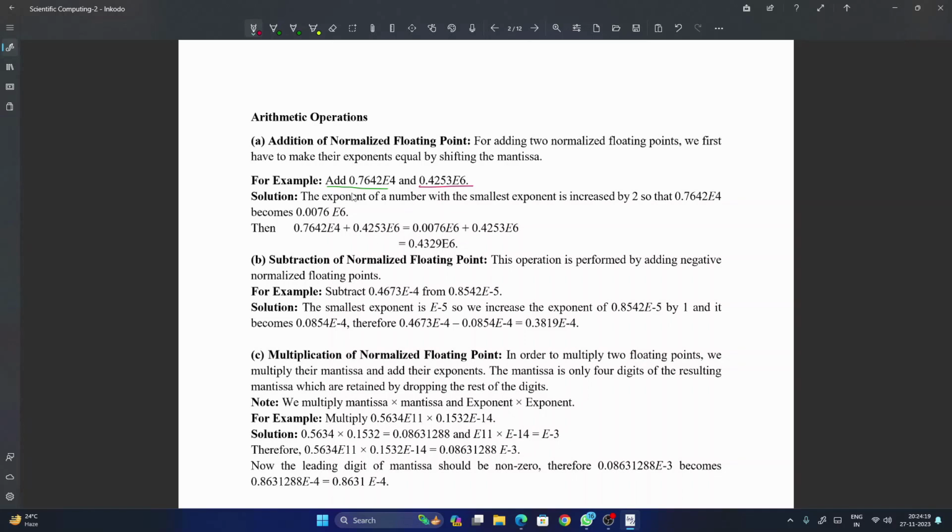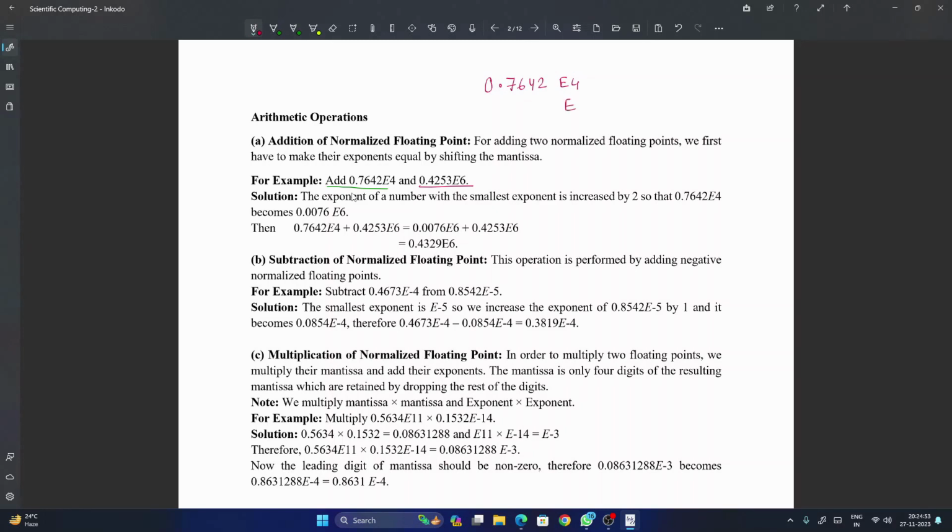So one is e6 and the other is e4. We make both numbers e6, that means the largest power. Whenever you make it, what you will get? 0.7642 e4 is exponent 4, but we need exponent 6.